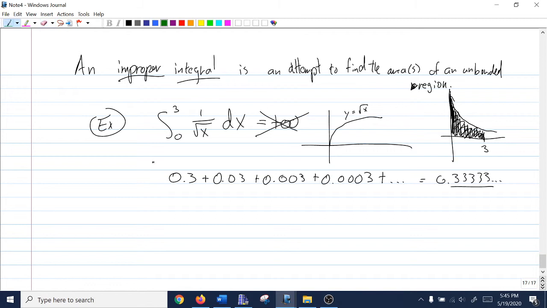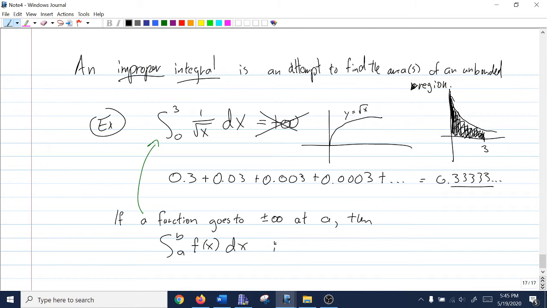The key thing going on here is that if a function goes to plus or minus infinity at a point, then the integral from a to b of that function is defined to be the limit as alpha goes to a of the integral from alpha to b.